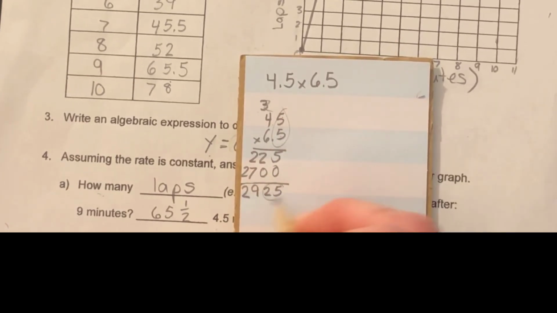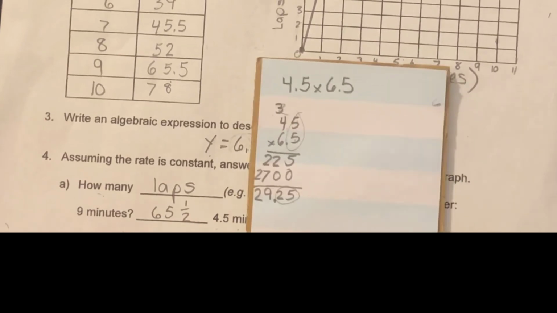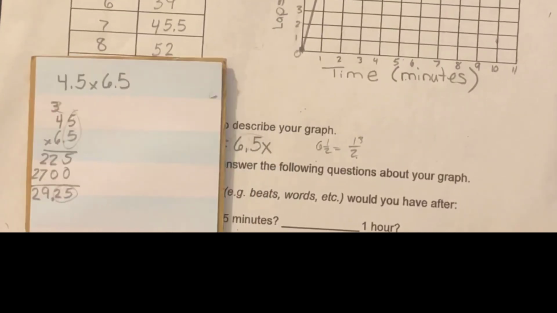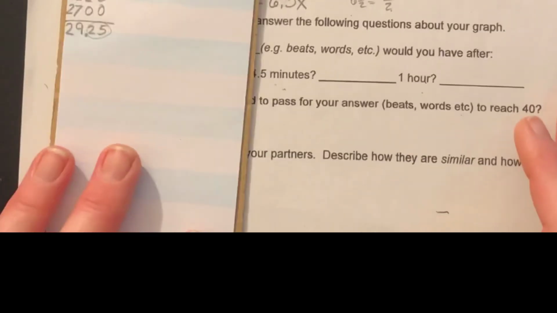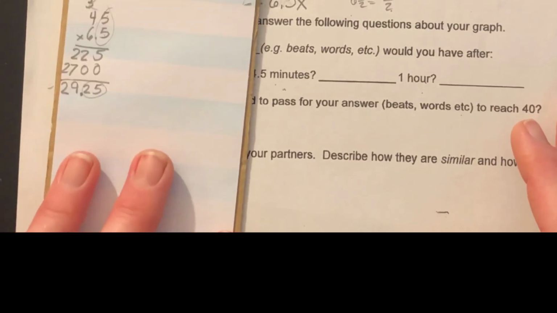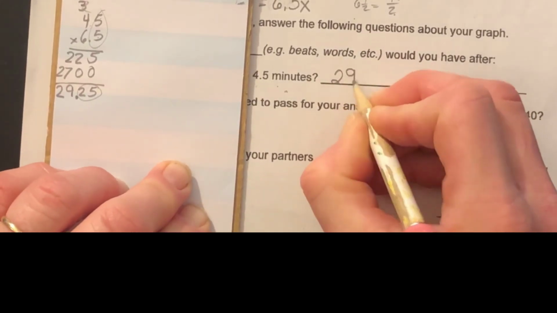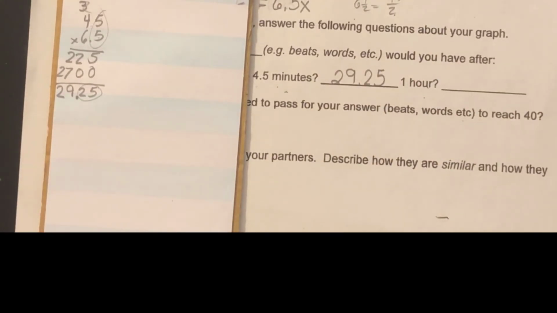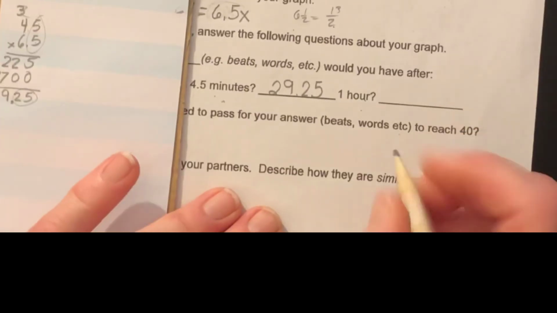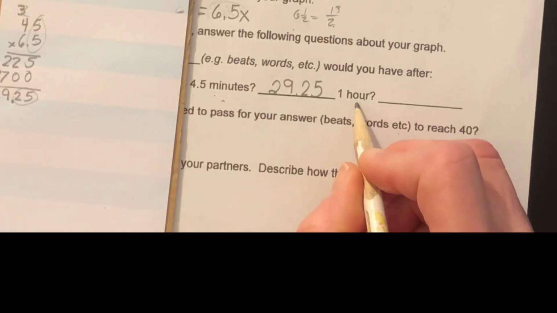In 4.5 minutes, I could do 29.25 laps. 29 and a fourth laps. In 1 hour, well, 1 hour is how many minutes? 60.